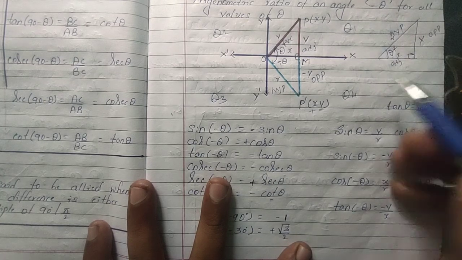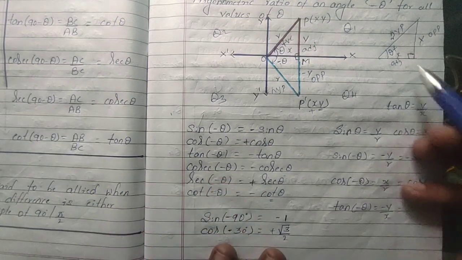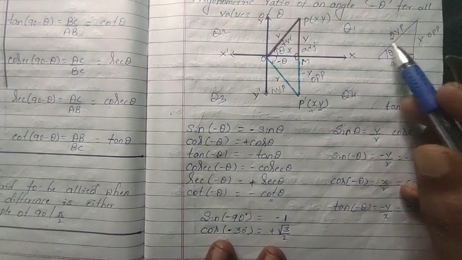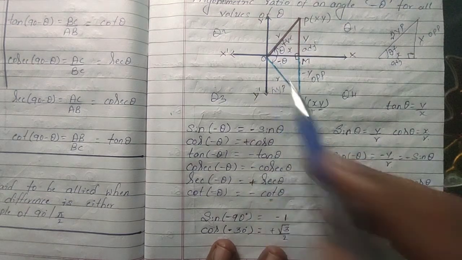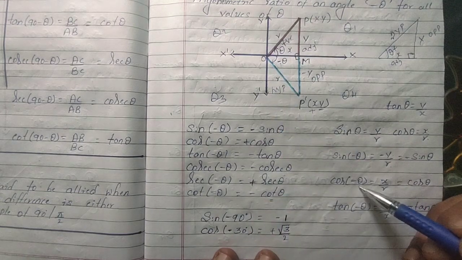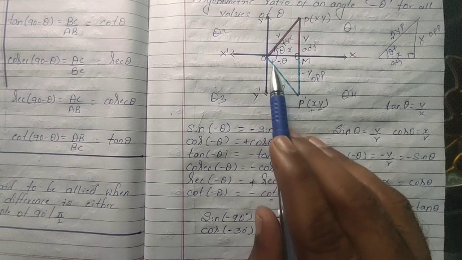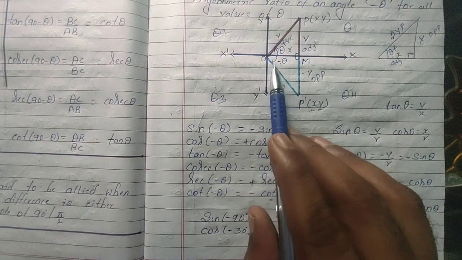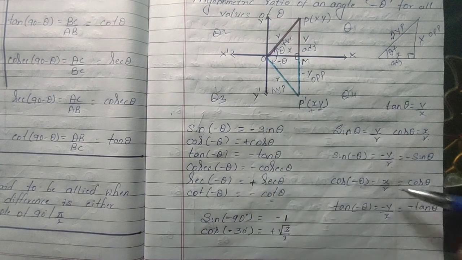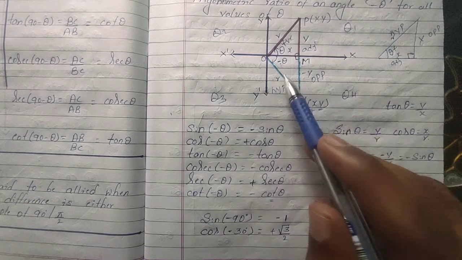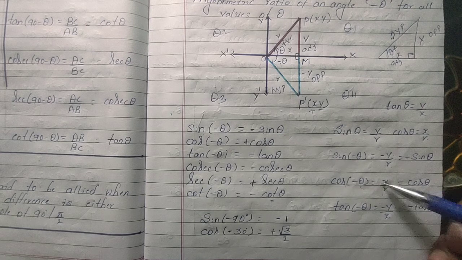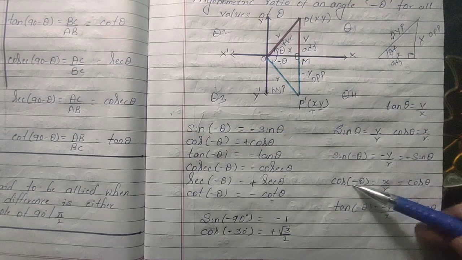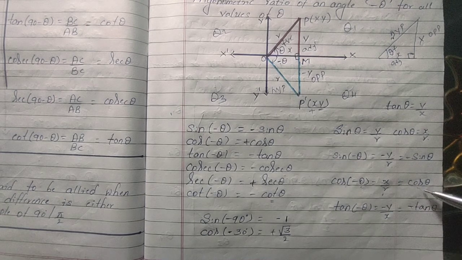So on the positive side, what is cos theta? Adjacent by hypotenuse, x by r. Whereas on the negative side, cos of minus theta, here adjacent is x and hypotenuse is r. Both are positive, so cos of minus theta will become positive.